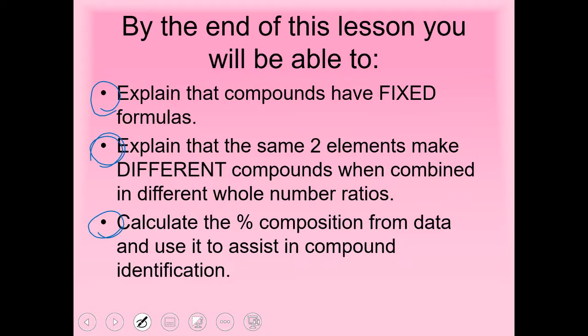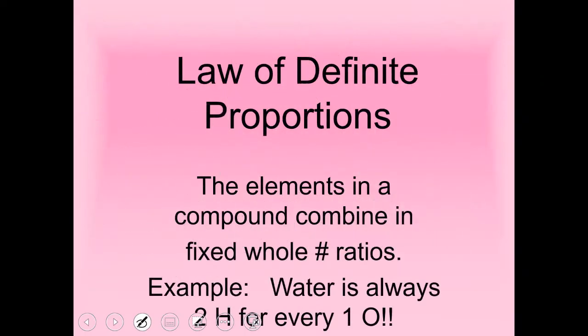Now remember, these are laws, which means that they are based on data and experimentation. They are based on facts. And on page 75 in your textbook, they give a longer definition of the law of definite proportions, and they put a little background information in it.